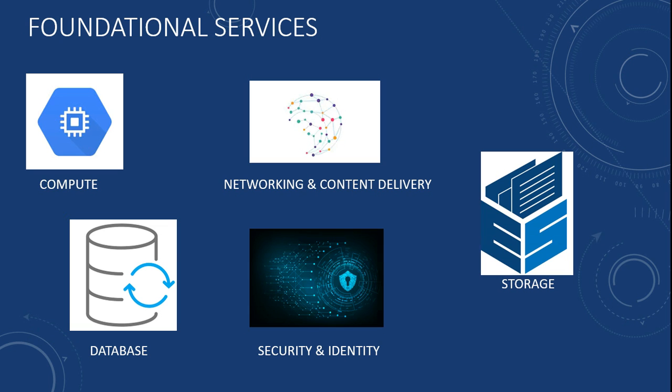I'll be showing all of these in our coming slides, so have patience. Let's move ahead and see what network and content delivery is. Networking includes services which provide a variety of networking features such as security, faster access, etc. On the other hand, content delivery is used to cache data nearer to the user so as to provide low latency.